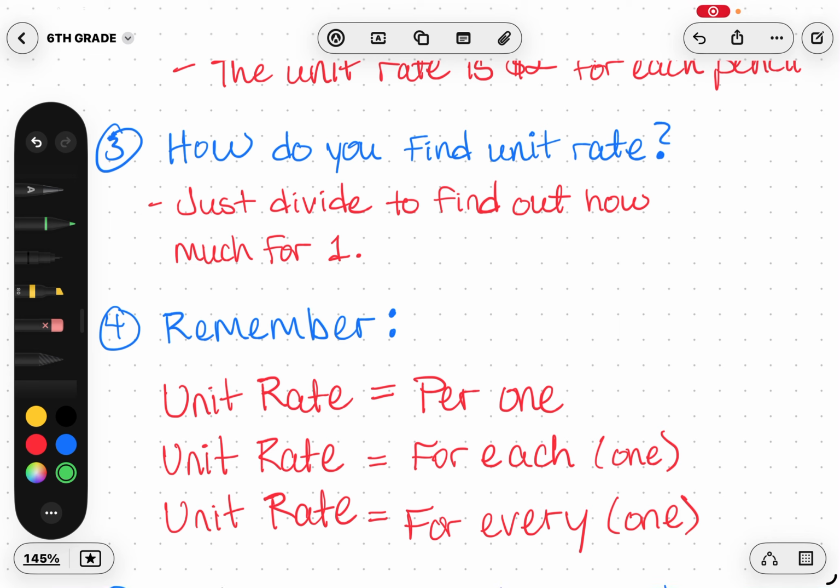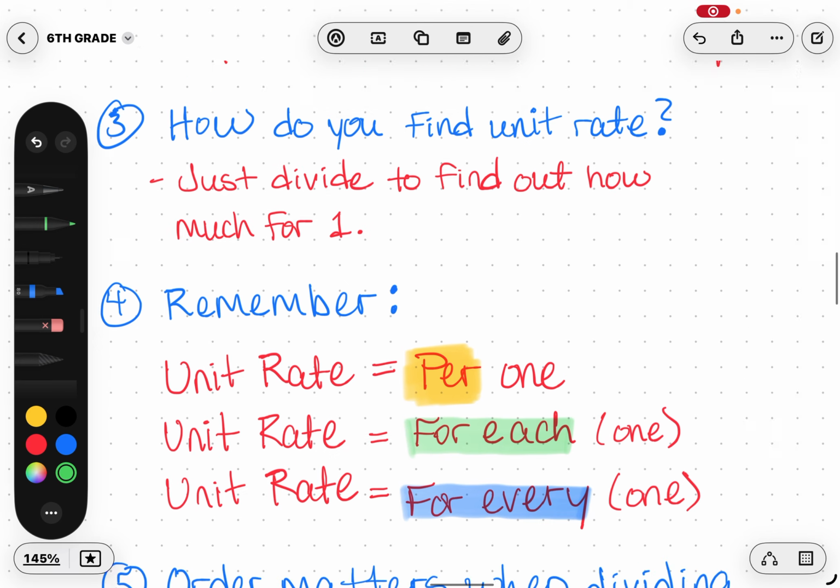Most of the time they're going to use the word per, but sometimes they might also use for each or for every. If you see the phrase for every or for each, they're still referring to unit rate. All right, let's move on.